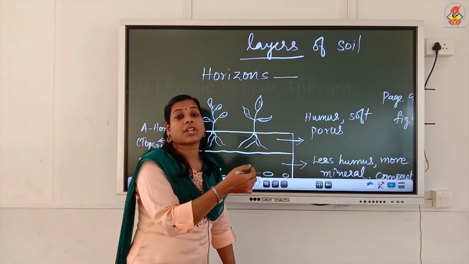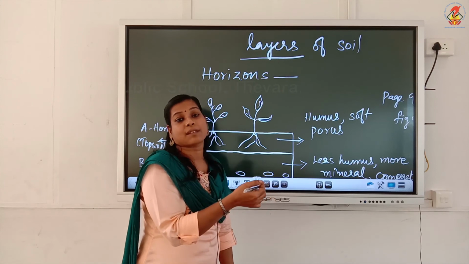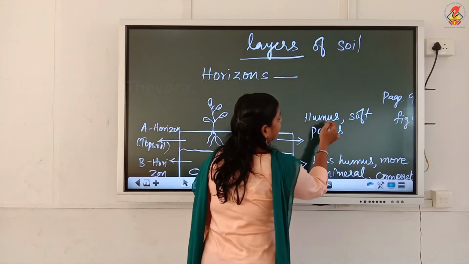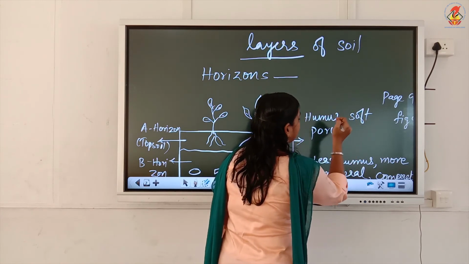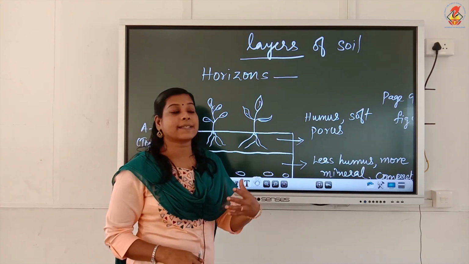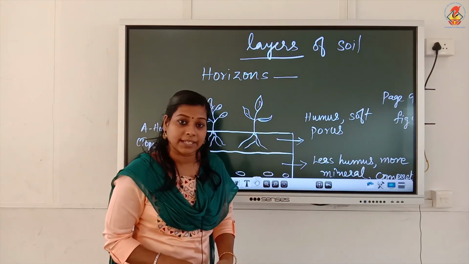It is a shelter for many organisms such as rodents and moles. That layer is very rich in humus, soft and porous, and can retain water. More water is there, so that plants can grow effectively.